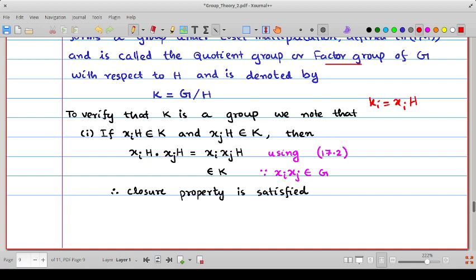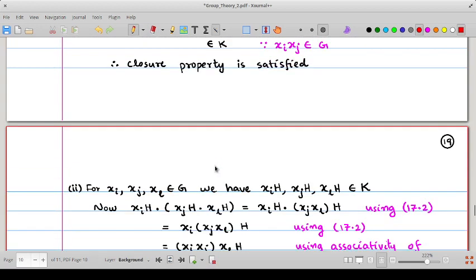So XiH times XjH, and from the property of coset multiplication, we have seen that this is simply equal to Xi times Xj times H. Now Xi and Xj are two elements of the group, and therefore the product XiXj is also an element of the group, and therefore XiXj times H is another coset of H, and therefore this should be an element of the set of cosets K. Therefore the closure property is satisfied.